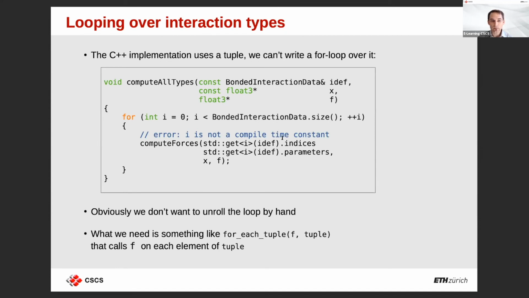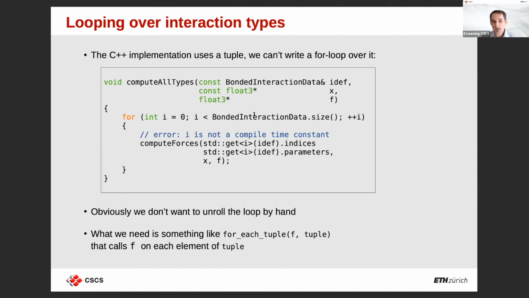And now I'm still left with the task of handling all the different types. So I need to somehow be able to write a loop to say, so for all your types in the code, compute all the interactions. And now there's a problem. As I illustrated before, that bonded interaction data is now a tuple.